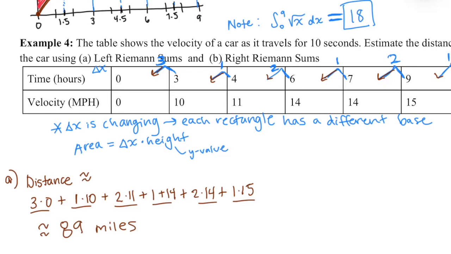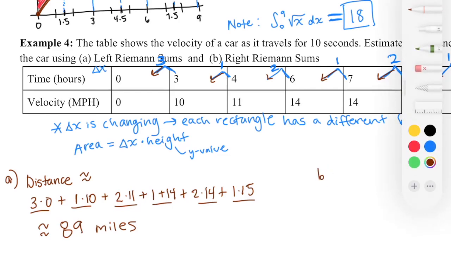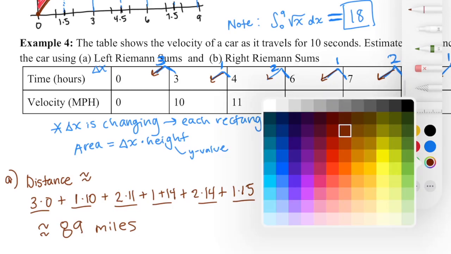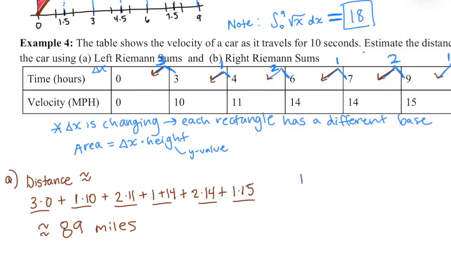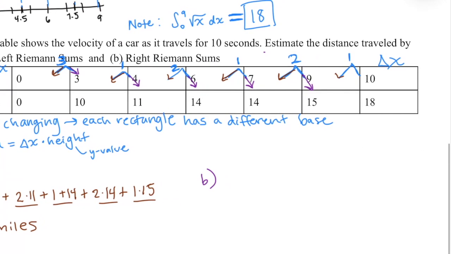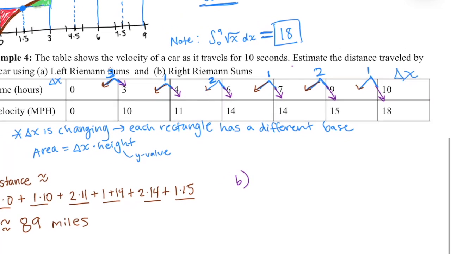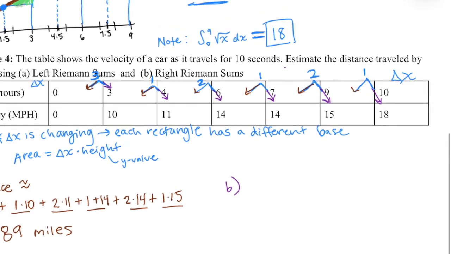Cool. And now let's do part B, which is the right Riemann sums. Let's do purple. For part B, in purple, now I'm using the y values on the right. So I'm going to be using the ones that my arrow is pointing to. I'm still using the same change in x's.